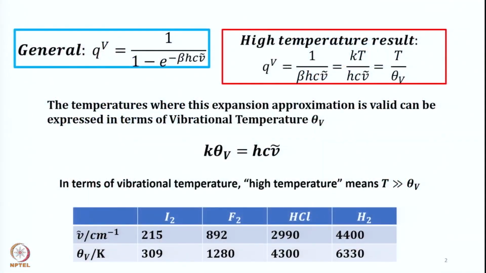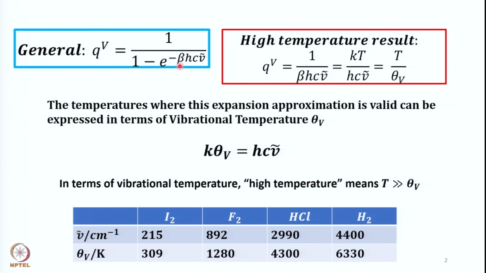And even in that case, when we treated that as a uniform ladder of energy levels, we derived a general expression for vibrational partition function, and that equation is q_V = 1 / (1 - exp(-beta h c nu bar)).